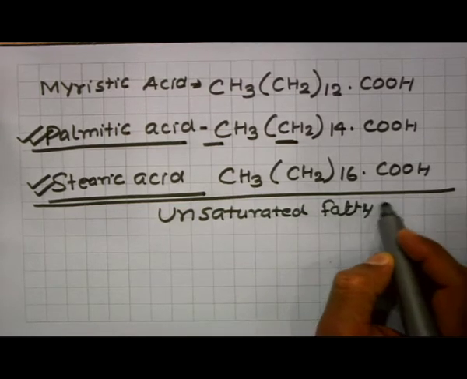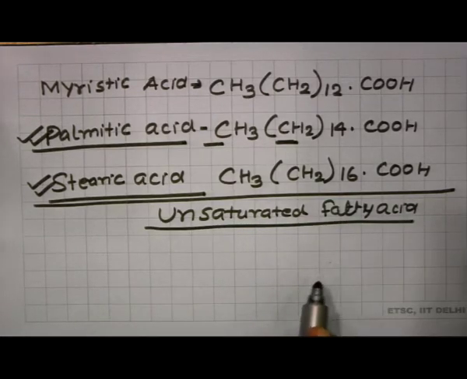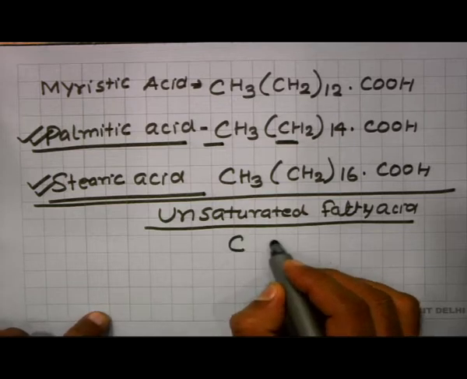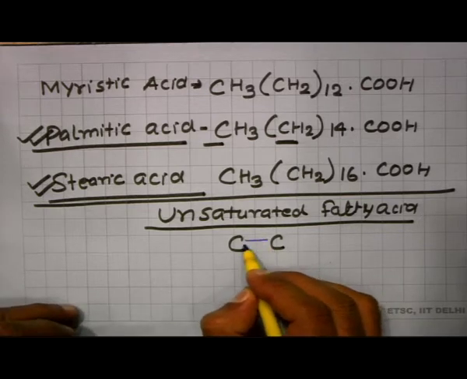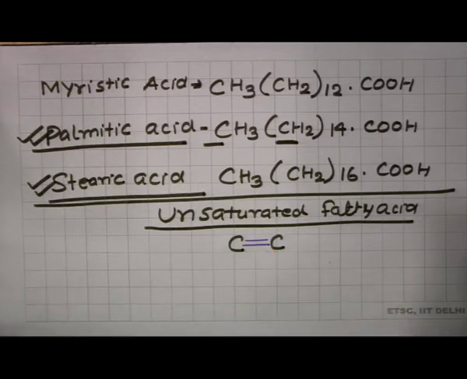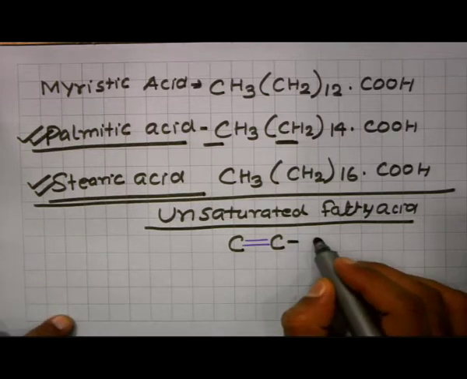Now, look at some unsaturated fatty acids. You can also easily write the structure of unsaturated fatty acids. Between the carbon and carbon there are double or triple bonds. So, all unsaturated fatty acids have a double or triple bond in between.